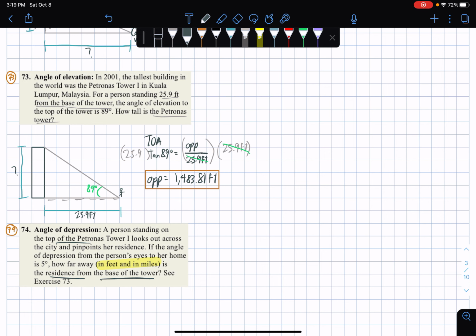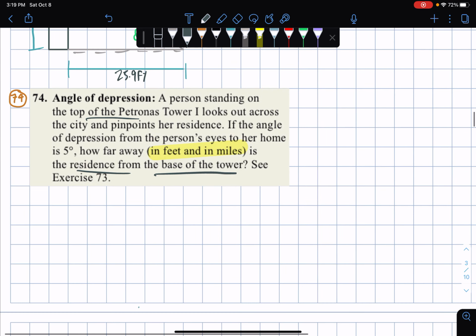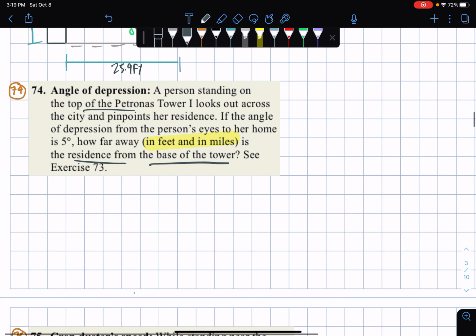Right. Let's move on to number 74. Person standing on the top of the Petronas Tower 1 looks across the city and pinpoints her residence. If the angle of depression from the person's eye, so first, maybe we have something like this. So let's say this is still the Petronas Tower.